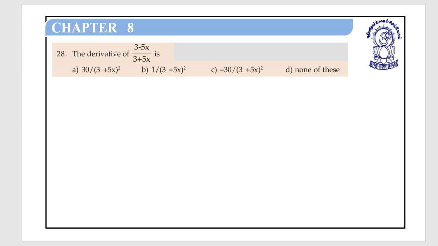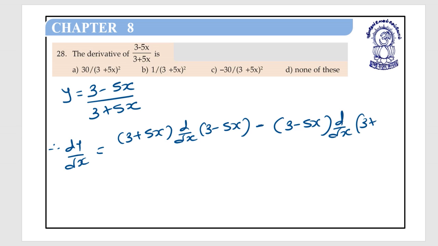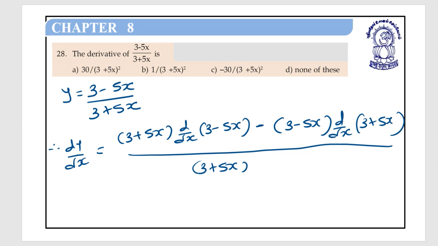Now question number 28. The derivative of 3 minus 5x upon 3 plus 5x is. So here take y is equal to 3 minus 5x upon 3 plus 5x. So dy by dx is equal to 3 plus 5x as it is, d by dx of 3 minus 5x, minus 3 minus 5x as it is, d by dx of 3 plus 5x, divided by 3 plus 5x whole square.